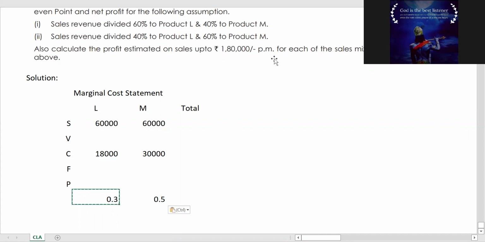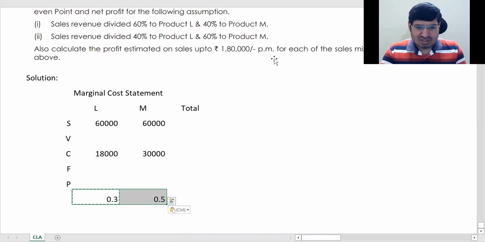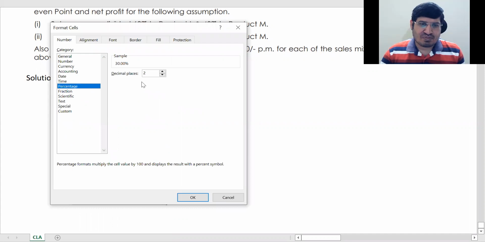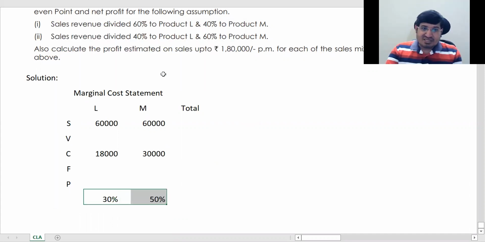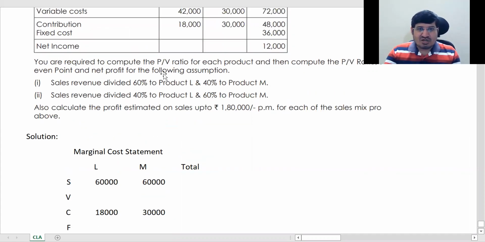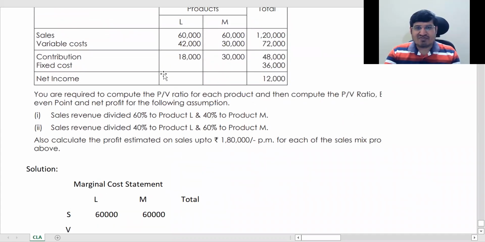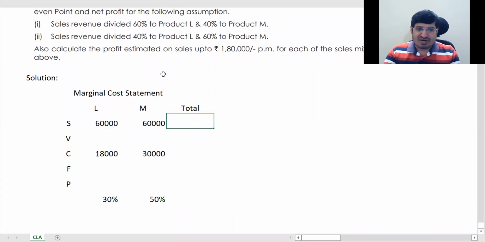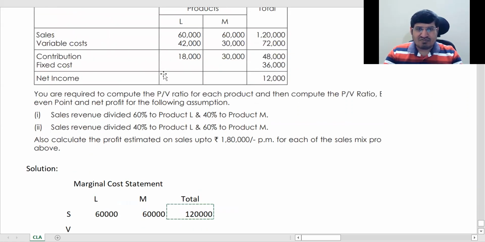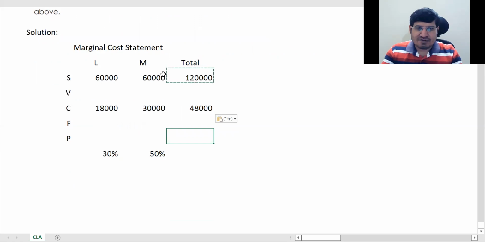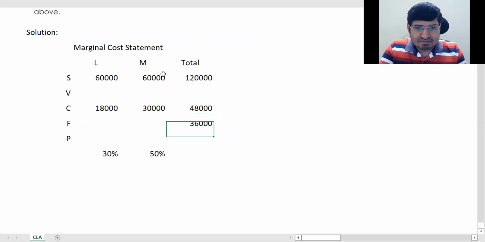Okay, so this is 30% and 50%. Now here total is 120, 48. Okay, fine. Have this anyway here. And fixed expense 36, 12. This becomes 12.